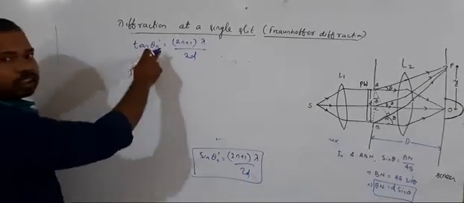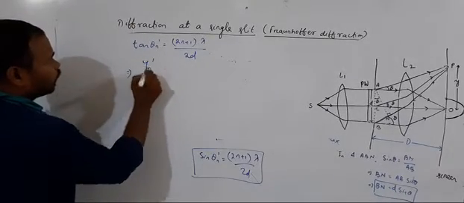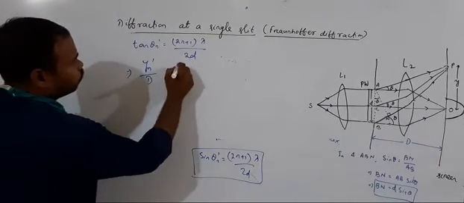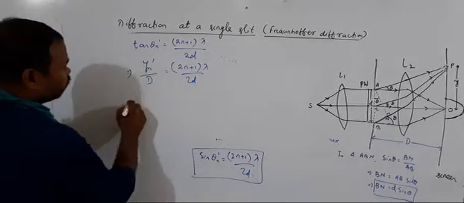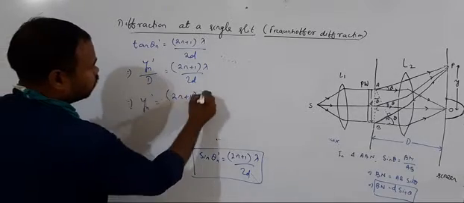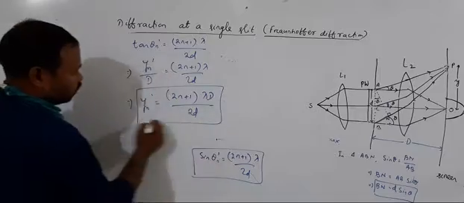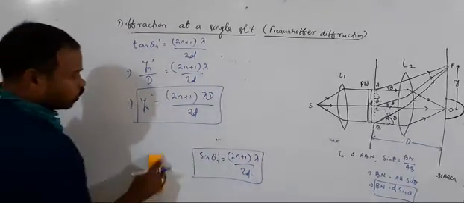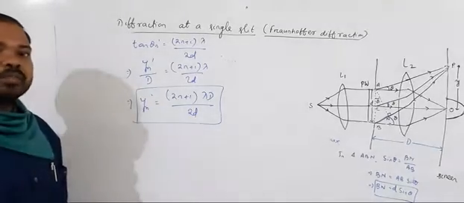And tan theta n dash equal to, you know, the formula is y by D. So this we write as yn dash by capital D, which is equal to 2n plus 1 lambda by 2d, or this implies yn dash equal to 2n plus 1 lambda D by 2d. Clear? Now between two maxima a minima is formed.